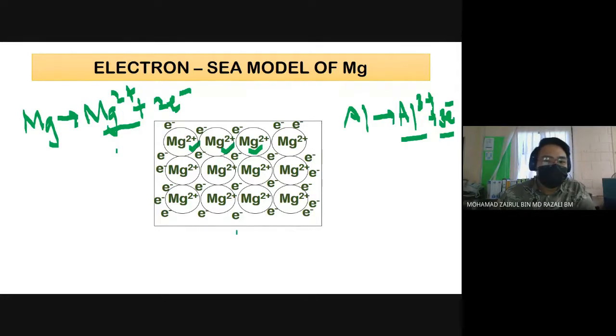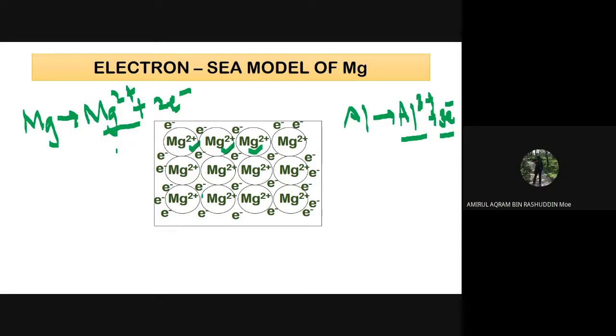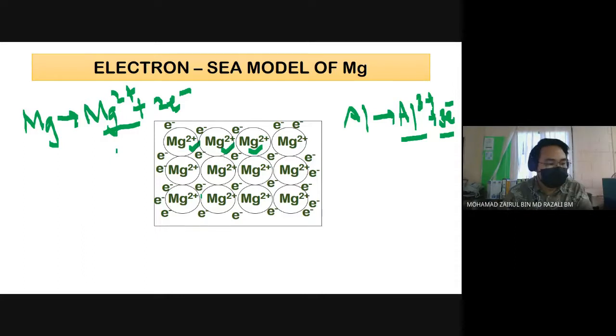Tapi for the sake of modeling tu kita kena lukis tally lah. Tapi kalau dalam exam, dia memang akan kira tau. Okay Sir. Boleh saya proceed? Ke ada soalan lagi?